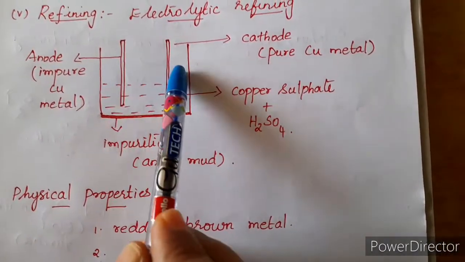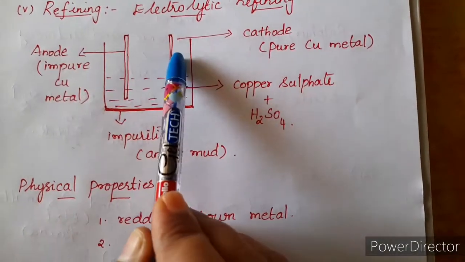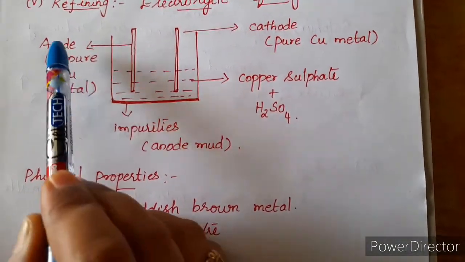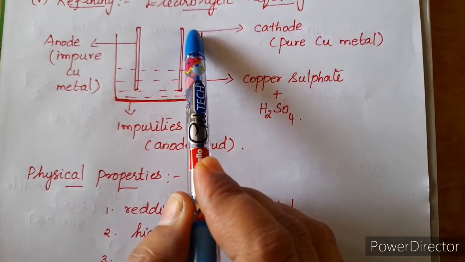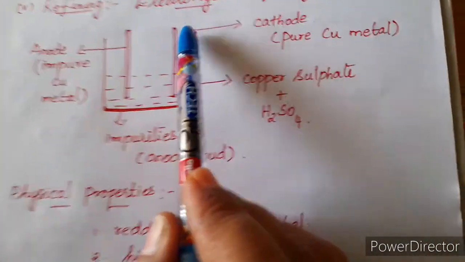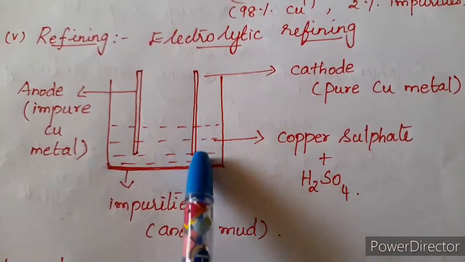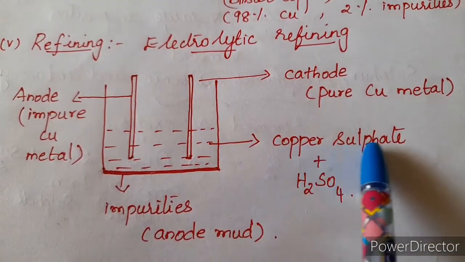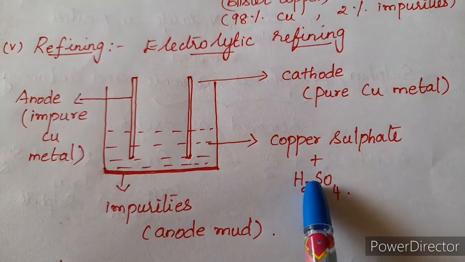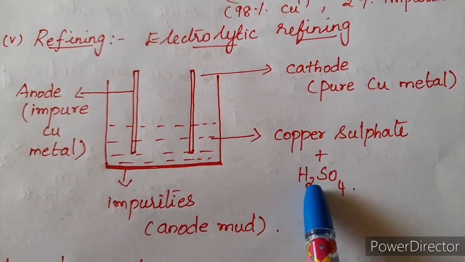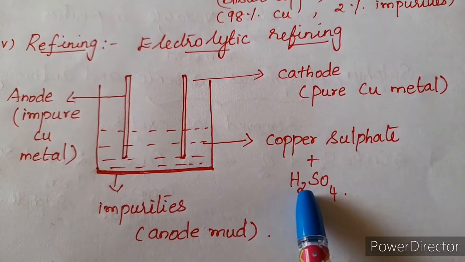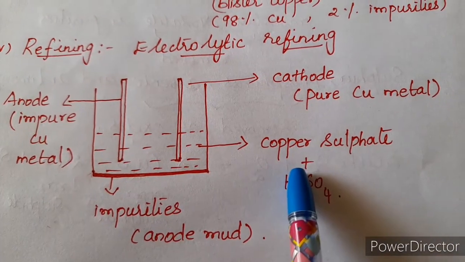So here we take copper metal, one is impure and the other one is pure. The impure copper metal is the anode, and the pure copper metal is the cathode. Now what is the electrolyte that is taken? The electrolyte is acidified copper sulfate, that is nothing but copper sulfate mixed with concentrated sulfuric acid. So this is taken as electrolyte.